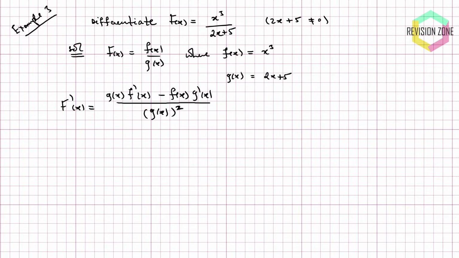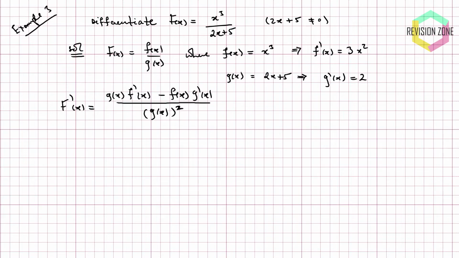So once we've written that, let's differentiate f, because we're going to need to know derivatives of f and derivatives of g. Since we have f and g, we can just differentiate these directly. So my f is going to differentiate to give me 3x squared, and my g is going to differentiate to give me 2, because 2x differentiates to give me 2, and 5 differentiates to give me 0.